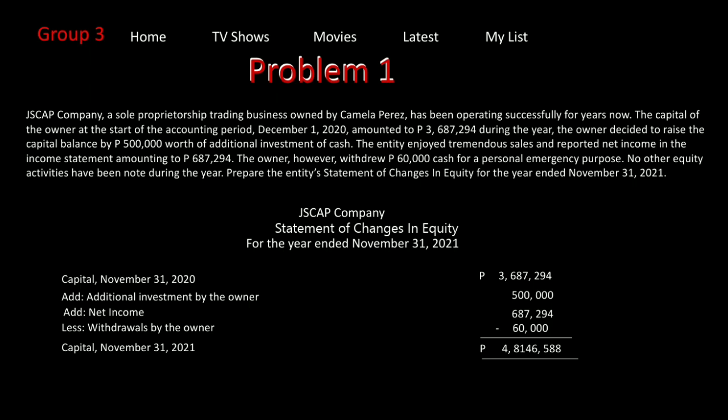Next step is to deduct the owner's withdrawals amounted to 60,000. Finally, after arranging all the account titles, we will compute the company's ending capital for the year ended November 31, 2021. The ending capital of JSCEP company is 4,814,588.